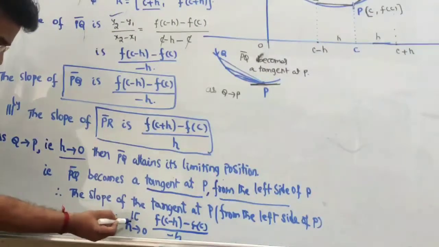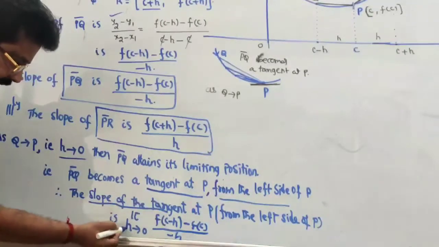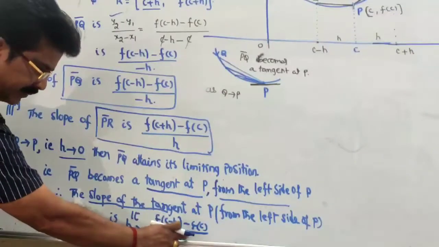This is called the slope of the tangent, because as h tends to 0, the PQ bar becomes the tangent.